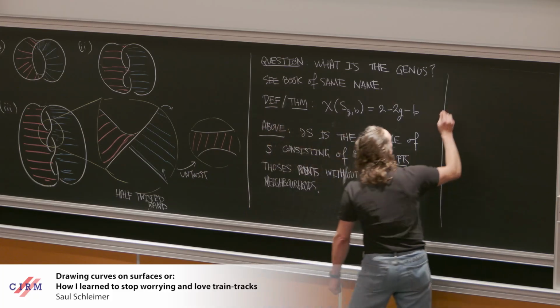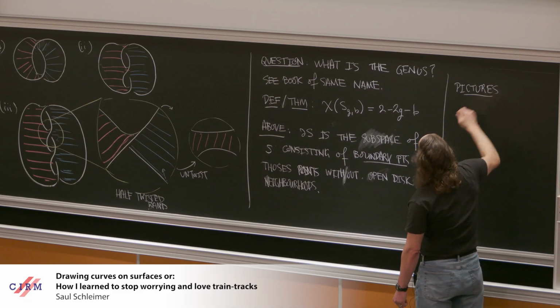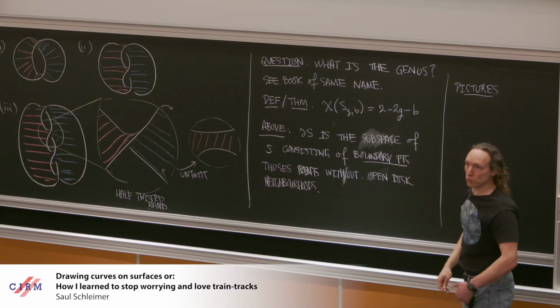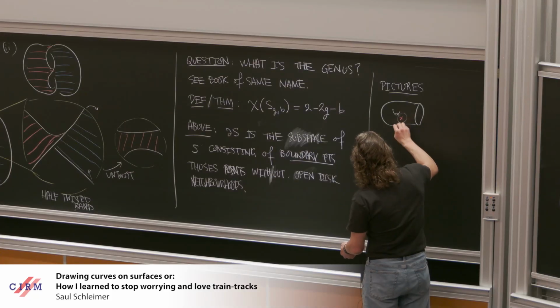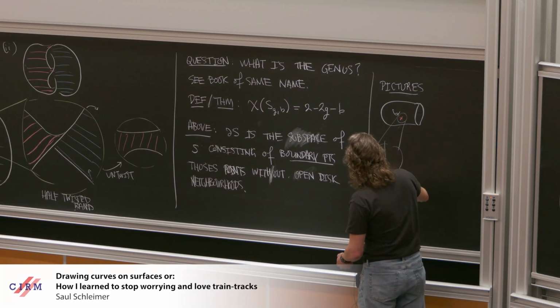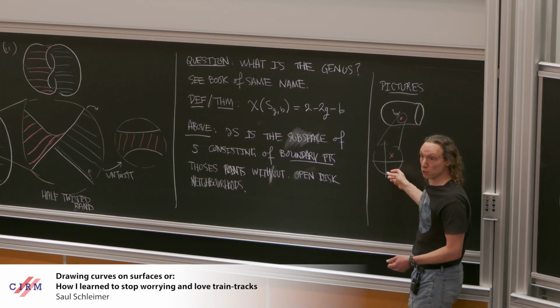So pictures, because everything should have pictures. Above, I didn't actually define surface. I just drew a bunch of pictures. But a surface is a topological space which is Hausdorff, second countable, and locally homeomorphic to R^2 or the upper half plane. So here is my handle, and if I draw a point right here and a small neighborhood of it, then this is homeomorphic to a little bit of the plane, and there's the point in the interior of the chart.